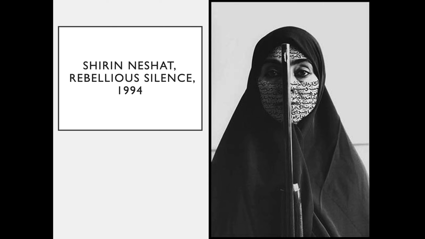And now we are very familiar with Shirin Neshat as an artist, but in 1994, when she first showed these pictures, people were very concerned because they saw the Farsi written on the model's face. In this case, the model is the artist herself. They saw the gun, and they didn't know what she was saying with the Farsi.